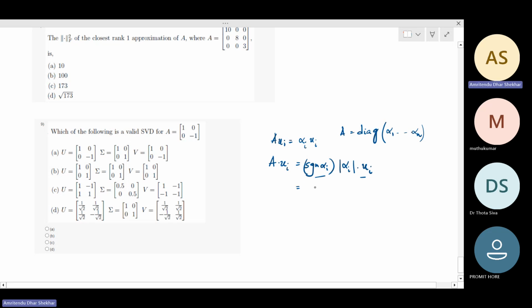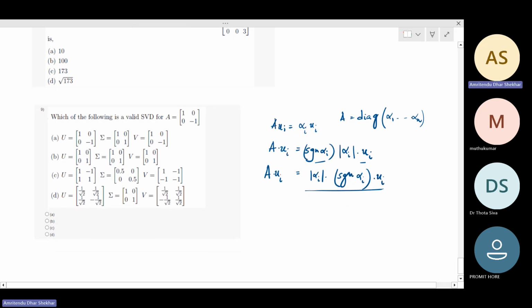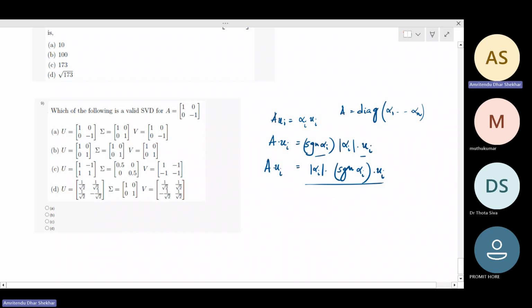So one thing is that the SVD for a diagonal matrix would always have singular values equal to the absolute values of the diagonal entries.